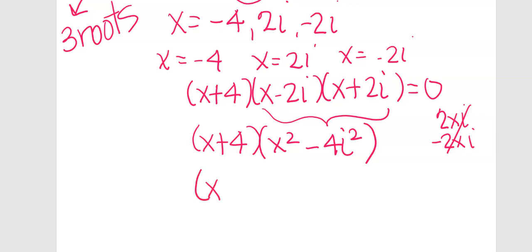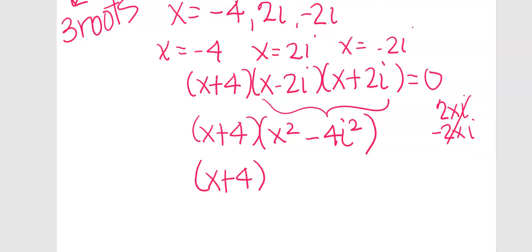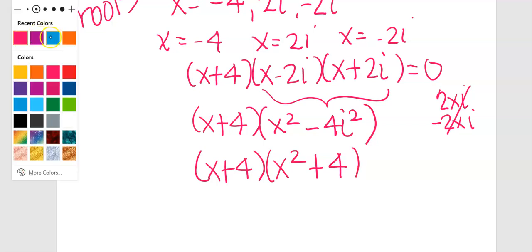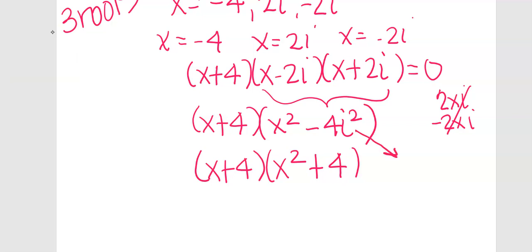So I'm going to go x squared plus 4. And then what's an i squared equal? A negative 1, right? So I'm going to remove that i squared and change it to a positive 4. So you would just, to get the positive 4, you get negative 4 times negative 1. Yes. Yep.